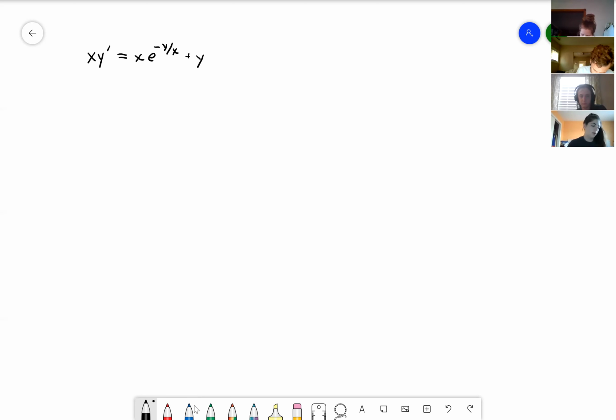So if we put it into the form that we're used to for using variation of parameters, we get xy prime minus y is equal to x e to the minus y over x. And then if we divide through by x, we get y prime minus 1 over x y equal to e to the minus y over x.